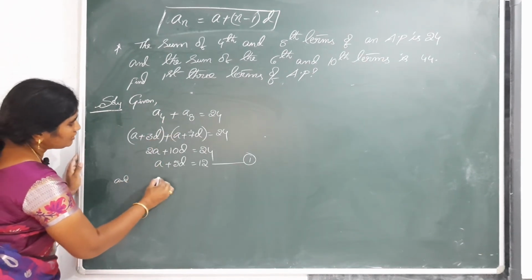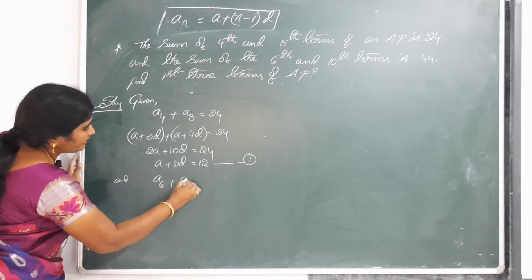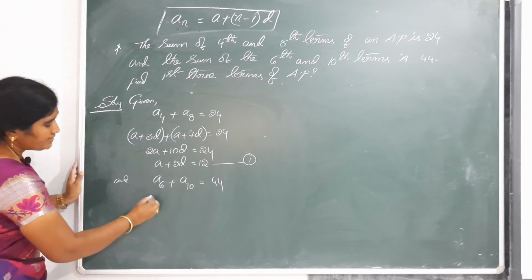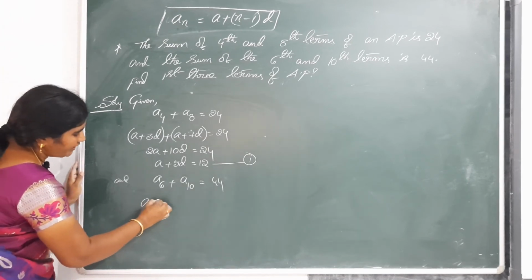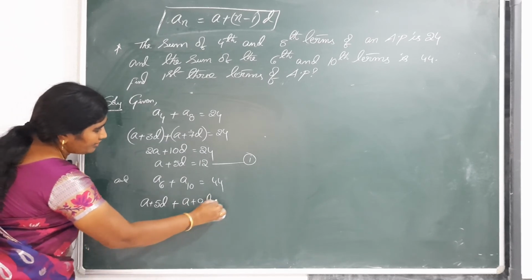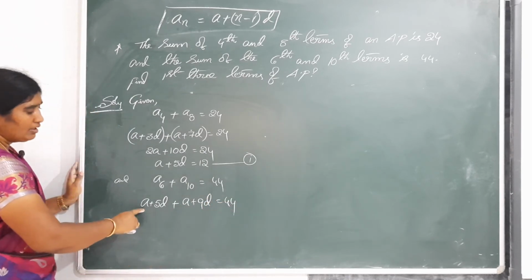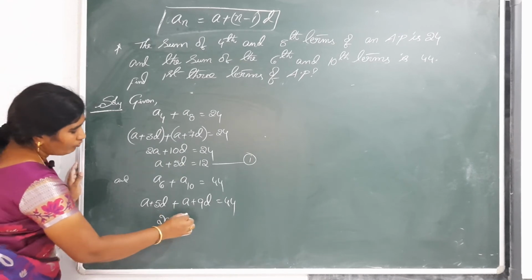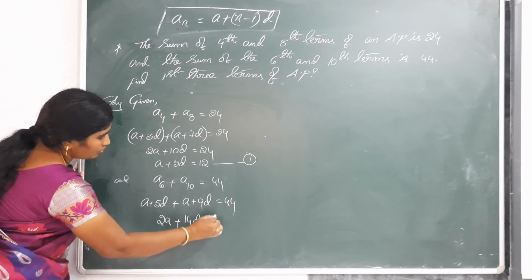Now, second condition: the sum of the 6th term and 10th term is 44, so A6 plus A10 equal to 44. A6 formula is A plus 5D, A10 formula is A plus 9D, equal to 44. Here A plus A is 2A, and 9 plus 5 is 14D, equal to 44.